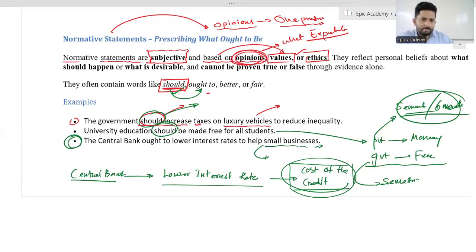So what happens? If the government can reduce the interest rate, they can take borrowing from the banking sector or any kind of financial institute.